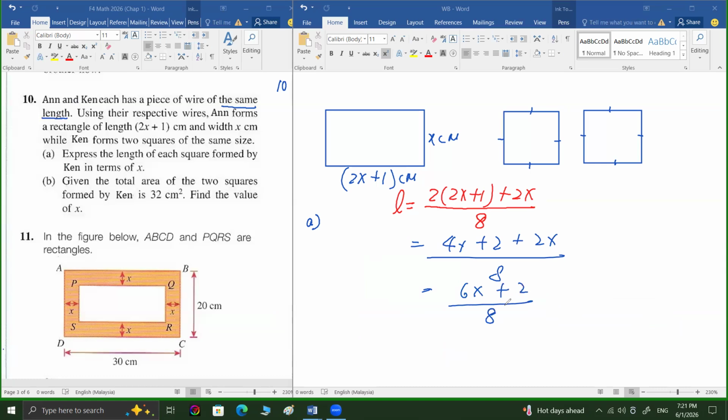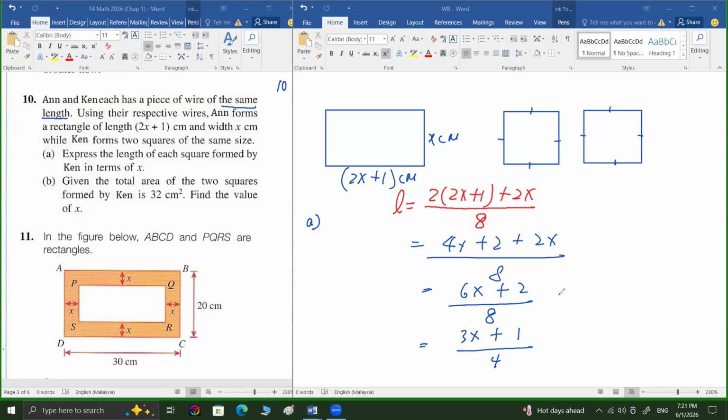Until here is okay. And we simplify. We still can simplify, right? Simplify means I can divide. Divide what? 2, yes.